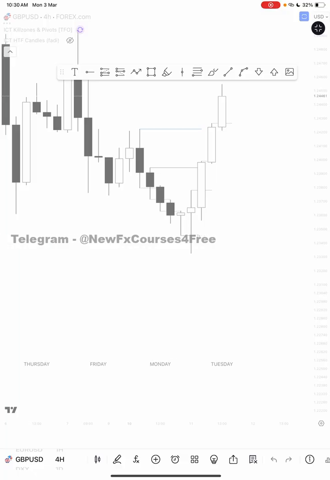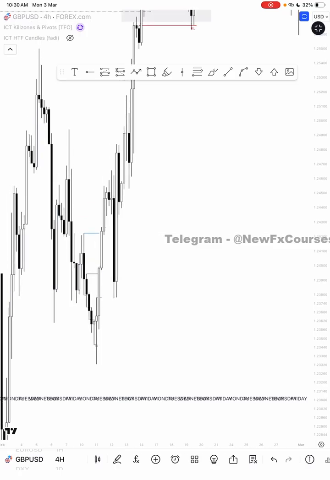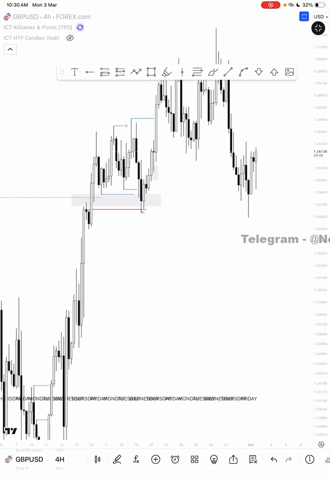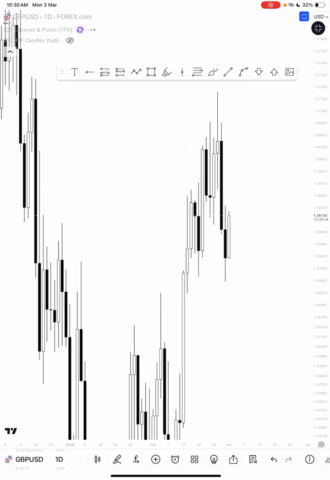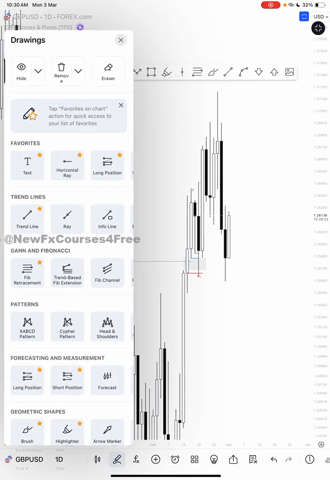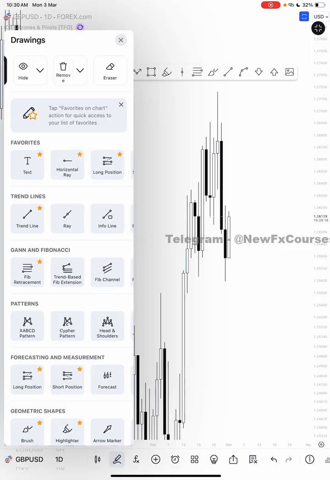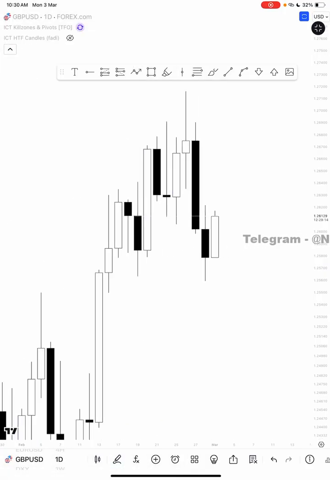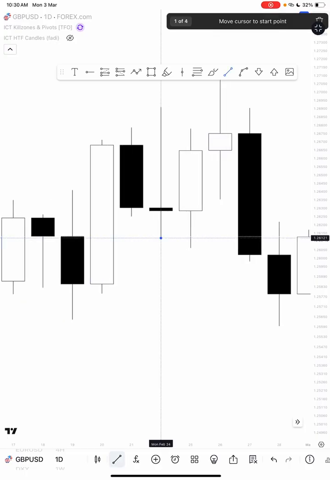So let's go into this week's price action. Here on the daily time frame, I'll have to remove all my drawings again. Here we got our previous day low, Monday, which was swept on Tuesday.